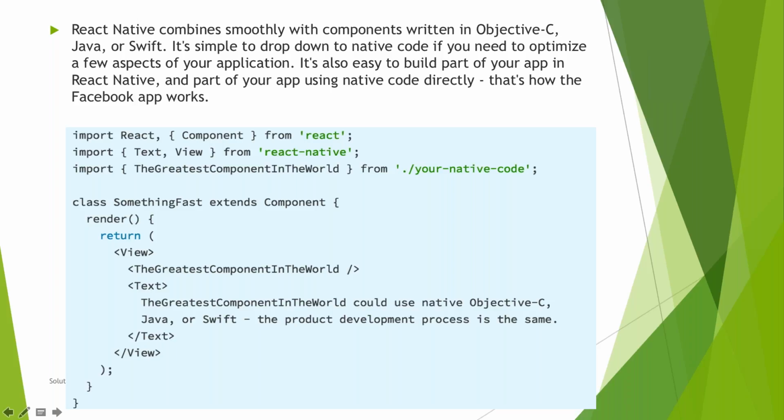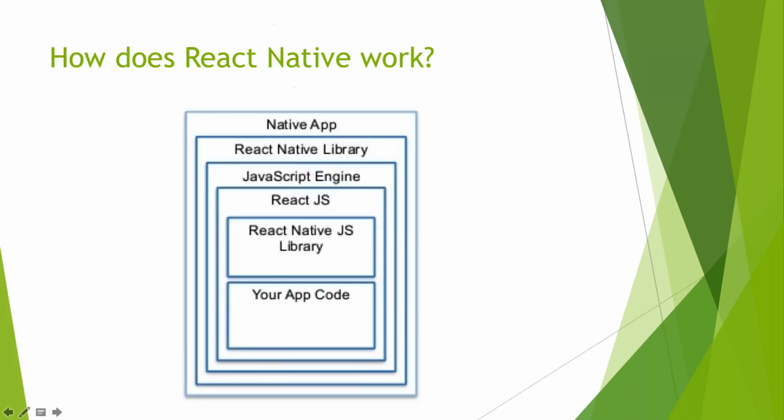Okay, so here we create a view. Inside that we call this greatest component in the world, which is your native code file, as you see here, and then React Native code also, which will be automatically translated to various components. So you have your app code, then you have the native JS library.